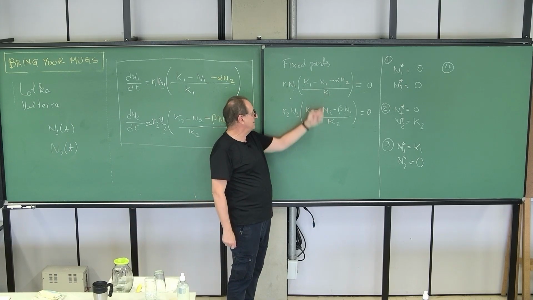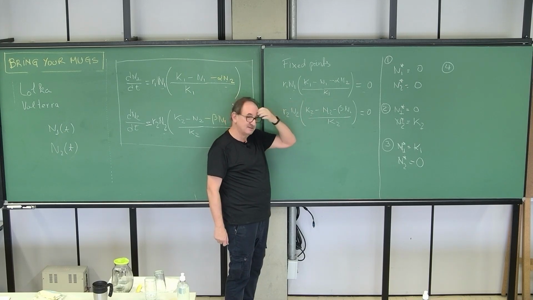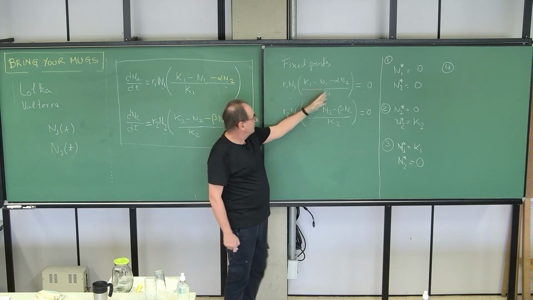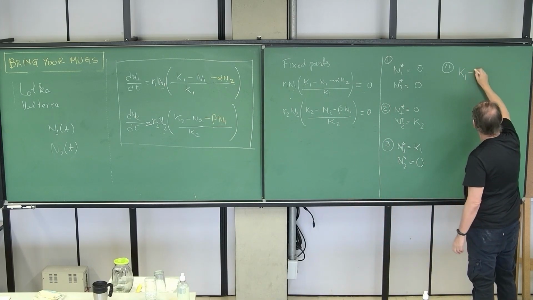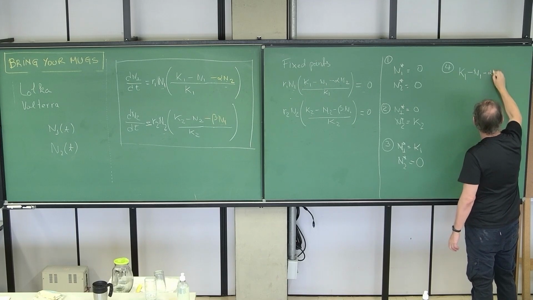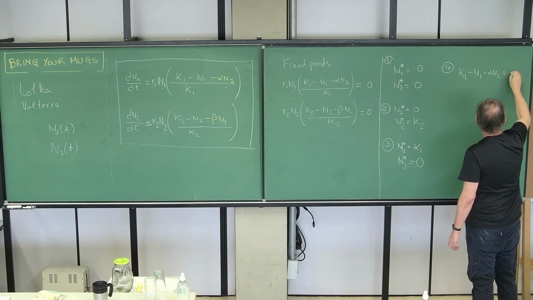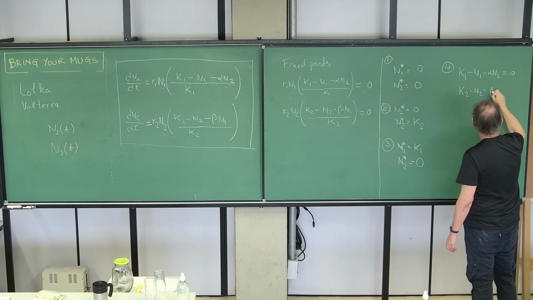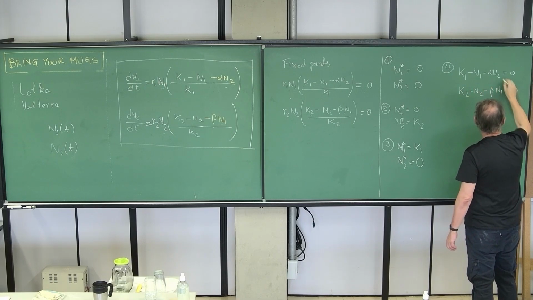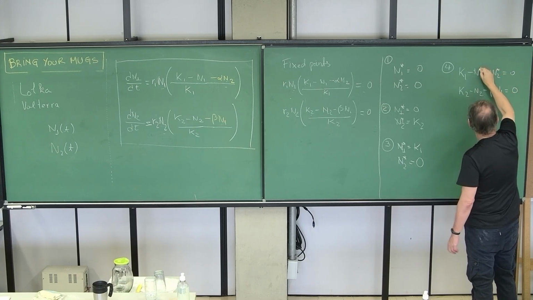As K1 and K2 are both positive constants, what I need is to solve this system of linear equations. Let me put here the stars.